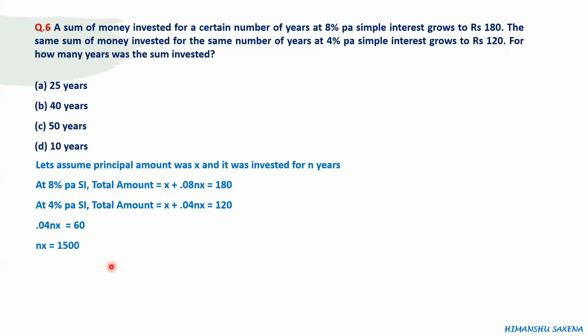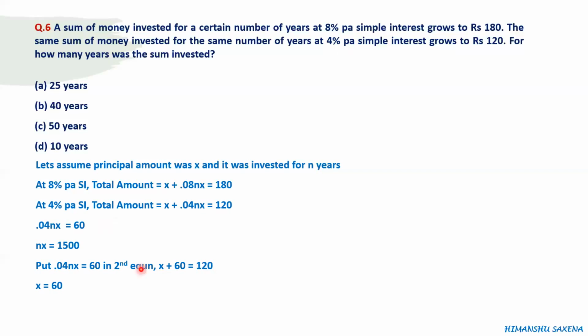If you solve it further, you find nx is equal to 1500, since 60 by 0.04 becomes 1500. Now if I put 60 instead of 0.04nx in the second equation, then I will get the value of x. So x plus 60 is equal to 120, which gives x is equal to 60. So the amount which was invested was 60 rupees.